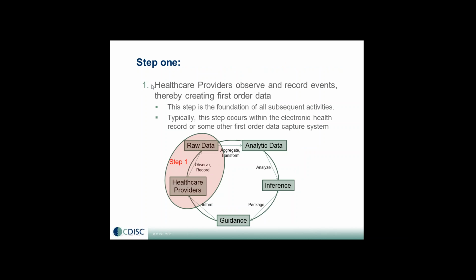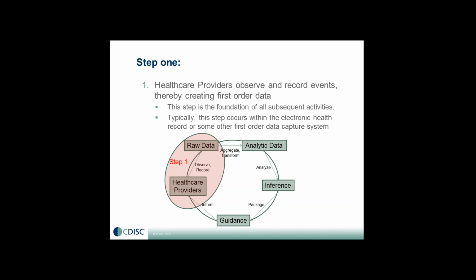So, sort of obvious, I guess, but the first step of creating the raw data is the foundation of all subsequent activities. The main player in this first step, creating the first representation of healthcare, is typically a first-order data capture system.